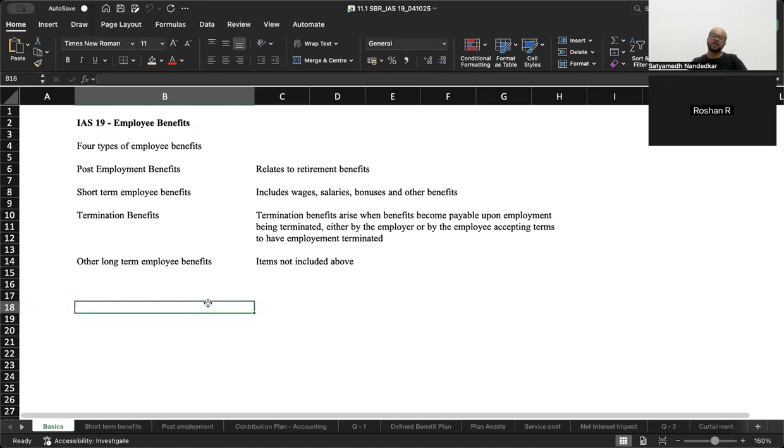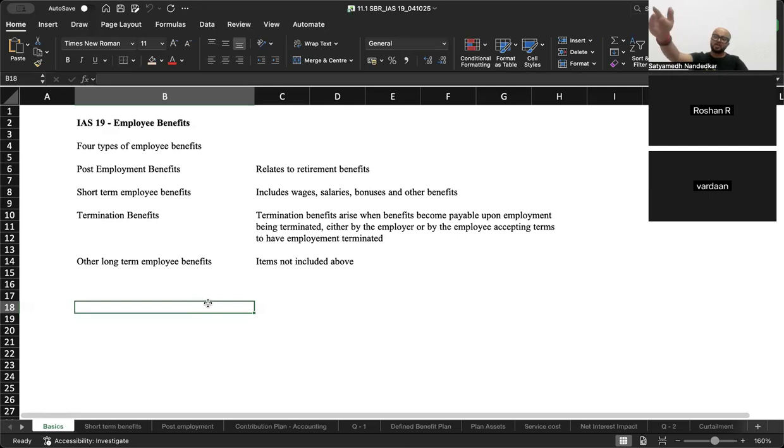Now, post-employment benefits are usually the ones after a person reaches the age of superannuation. You reach the age of 60 and then you retire, and then maybe some pension benefits are to be given to you. That is covered in post-employment. What is termination benefit? Termination benefit is when a person is removed from service before he reaches the age of superannuation.